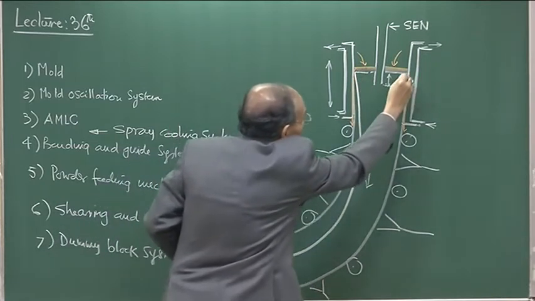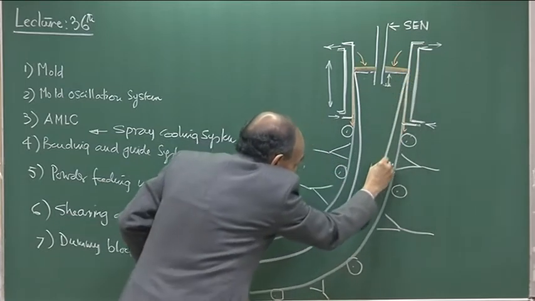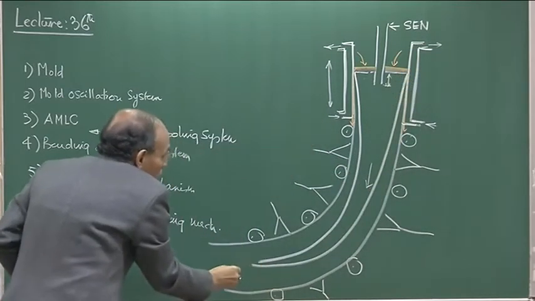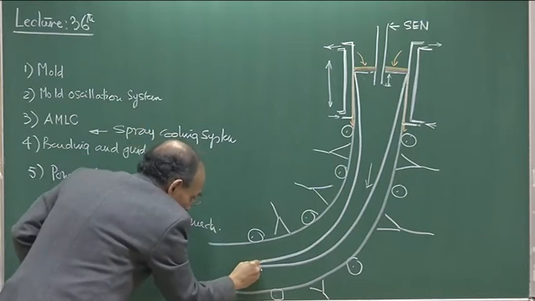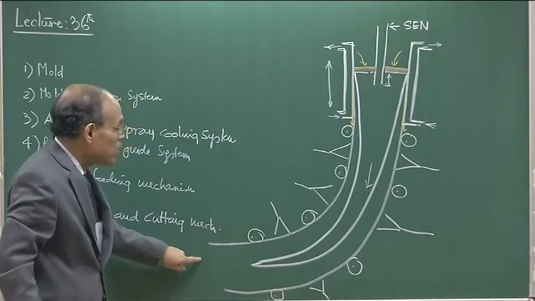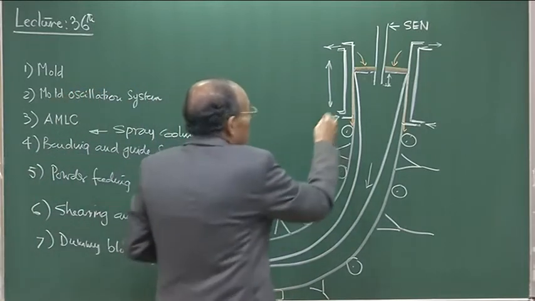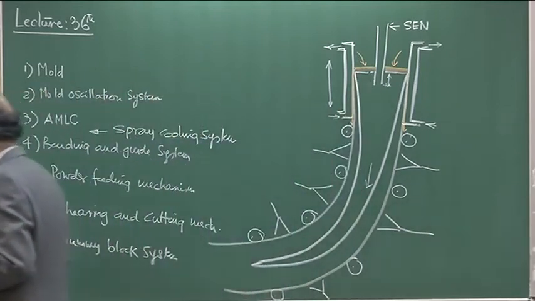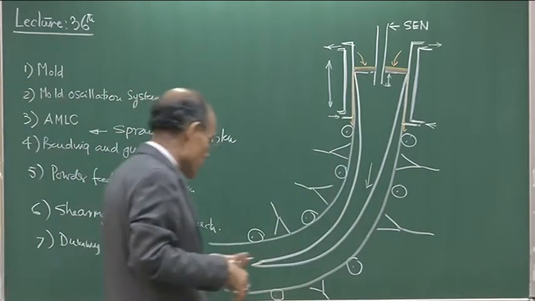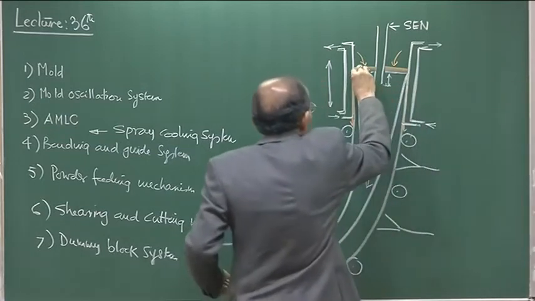And for example, the way I have drawn it here, beyond this point, whatever I have shown here, everything is solid. So, this is the solidified crust, I would say. Let me take another shade of chalk, and then possibly I will be able to show you that. I do not know whether this is going to be visible or not.